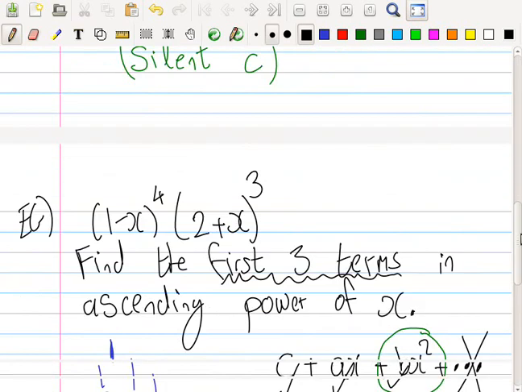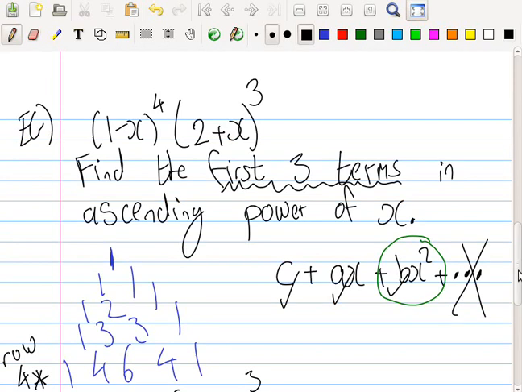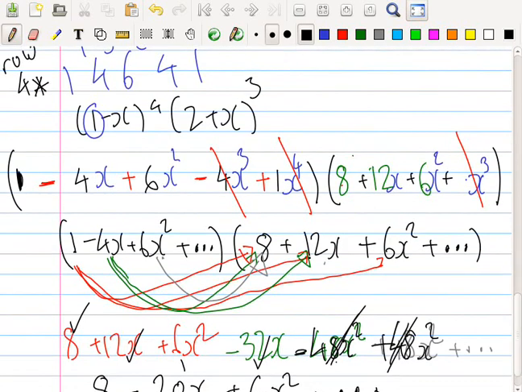Okay? The only way this one could be different is if they use the word descending. So then the first three descending terms would mean you take this, this, and this, but then forget about those. And then here you take this, this, and this, and then forget about that. You see, I took the first three at the beginning. 3 and 3.